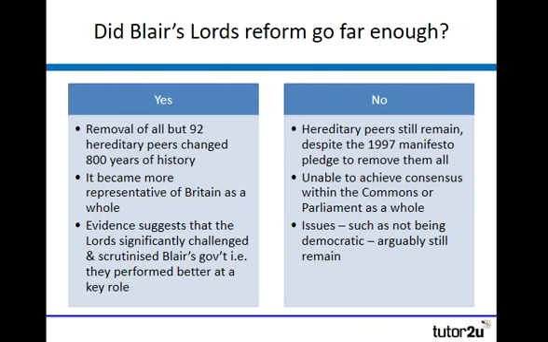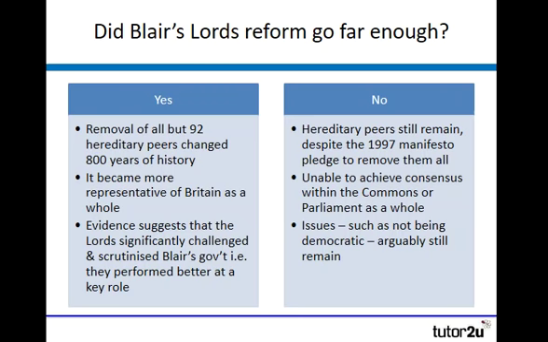On the other hand, there are still hereditary peers, despite that 1997 manifesto pledge to remove them all. Remember, a government elected has a mandate to achieve the things that are on its winning manifesto, and Labour did not do this.